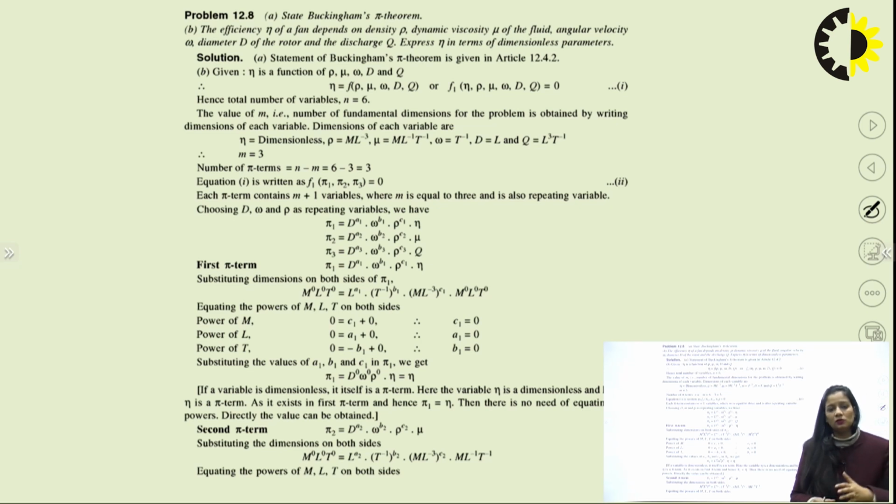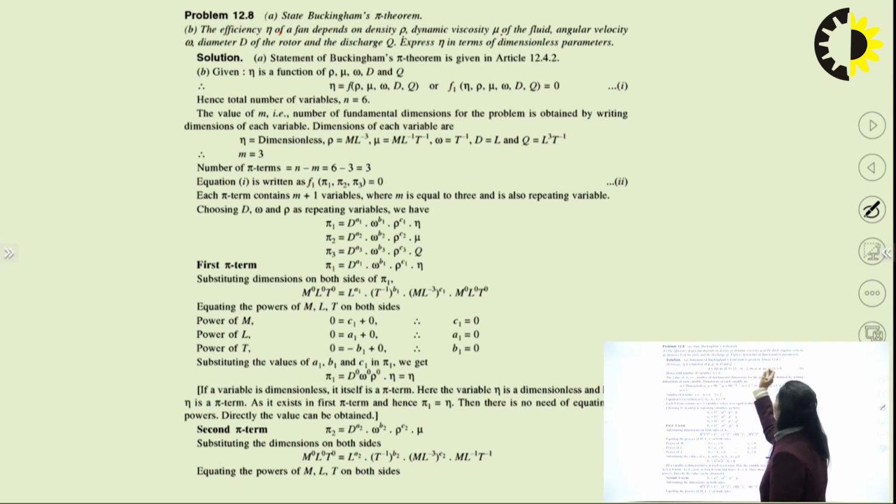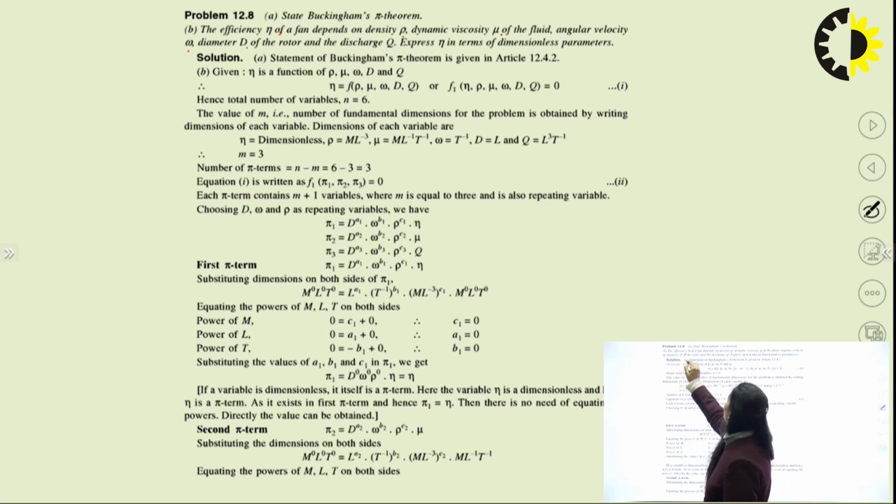So the dependent variable here is eta, and the independent variables are rho, mu, angular velocity omega, diameter and discharge. The number of variables involved in this phenomenon is 1, 2, 3, 4, 5 and 6.